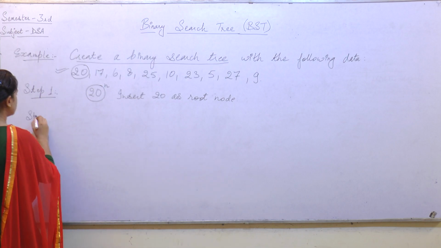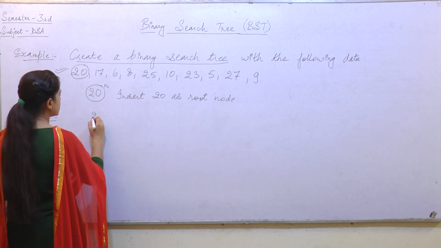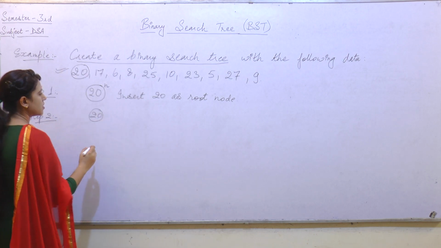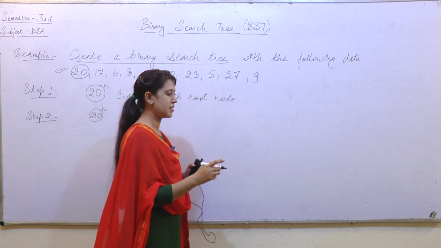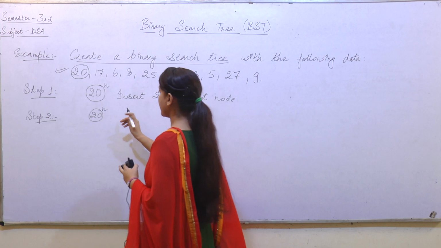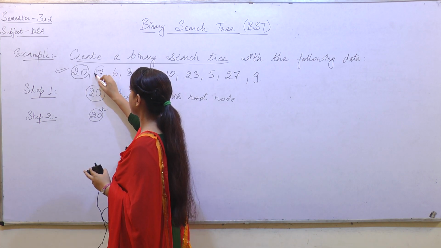Now step 2. Since this is our root node, we will take it in every step while creating the binary search tree. The next data element after 20 is 17.